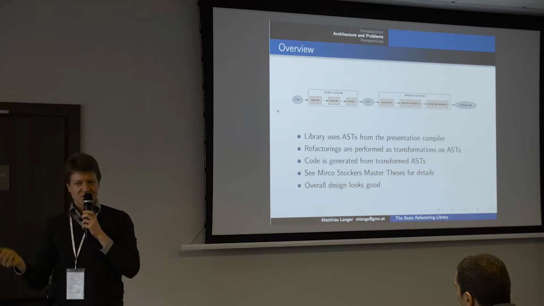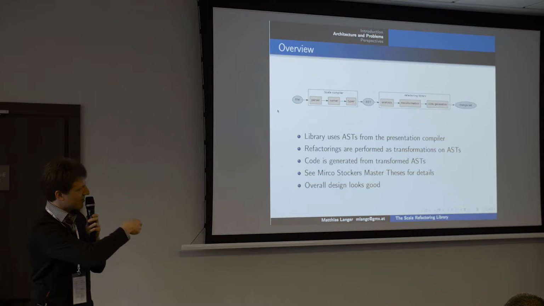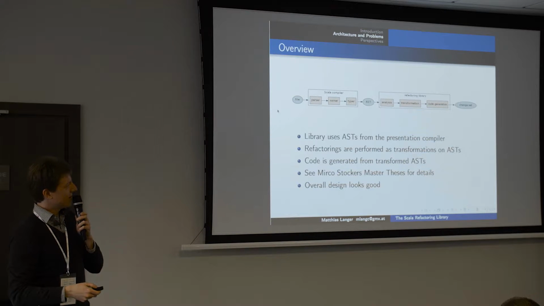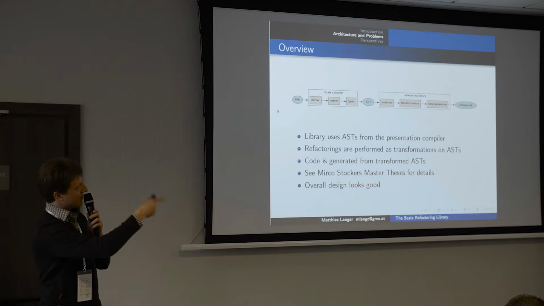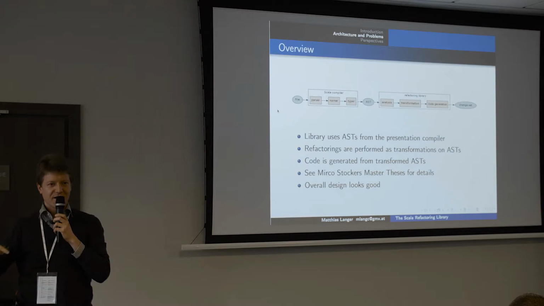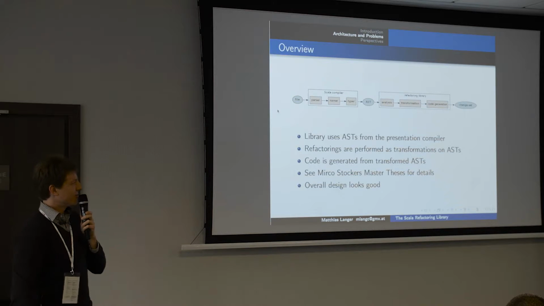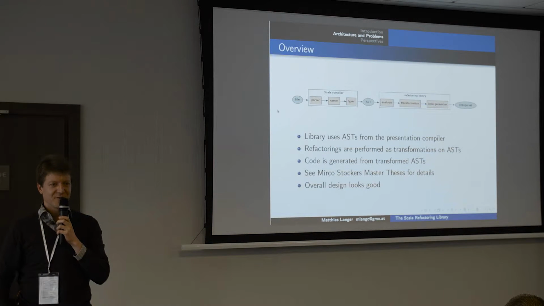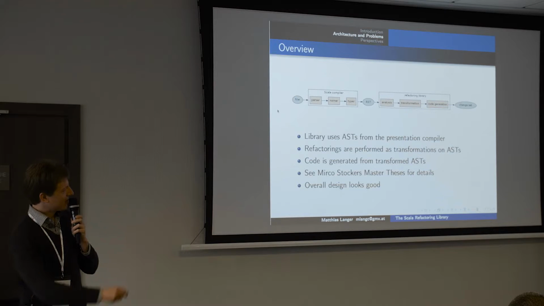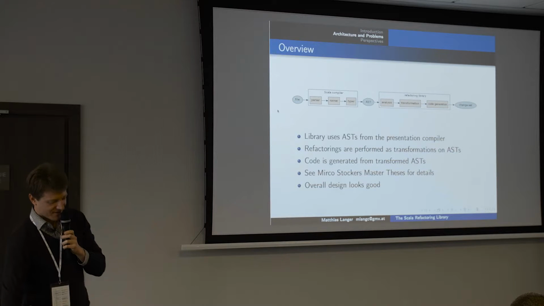And then after the transformation has been applied to the abstract syntax tree, code is generated from the transformed tree, so that in the end we can come up with change sets that can be consumed by IDEs to actually perform the refactoring for the user. The user is of course not interested in abstract syntax trees, but wants to see a modification of his source code that represents the actual refactoring. So this is the overall design of the library, and I think it's a good design. There's nothing to say against it so far.